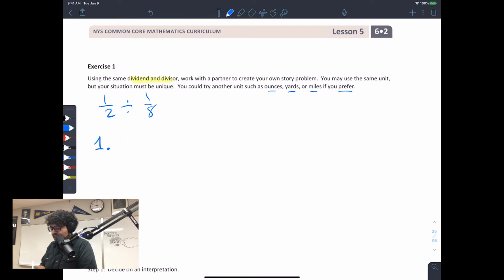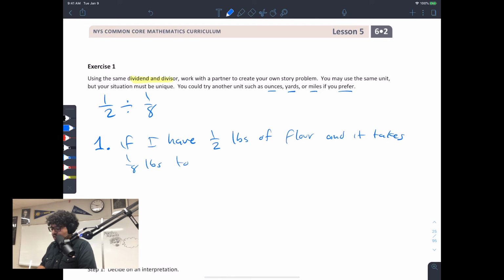We can say, if I have 1/2 a pound of flour and it takes 1/8 of the pound to make a cookie, then how many cookies can I make?